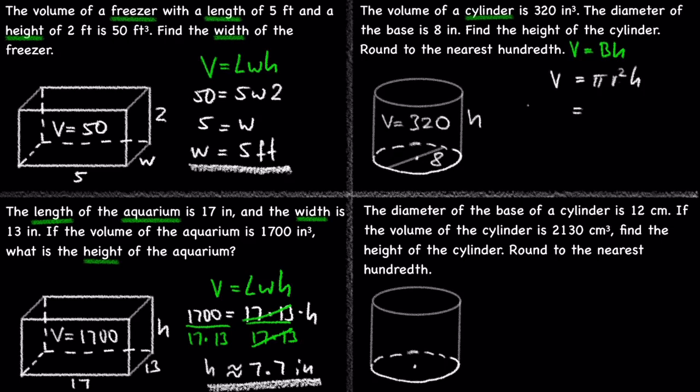The volume is 320 and the radius is 8 divided by 2, which is 4.